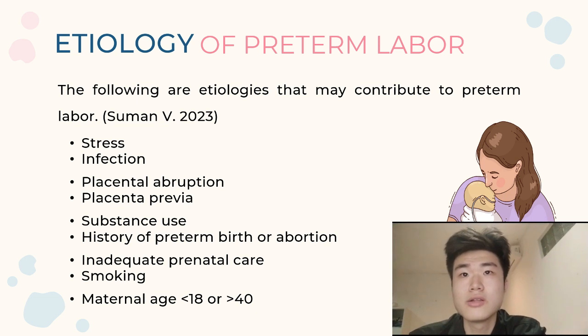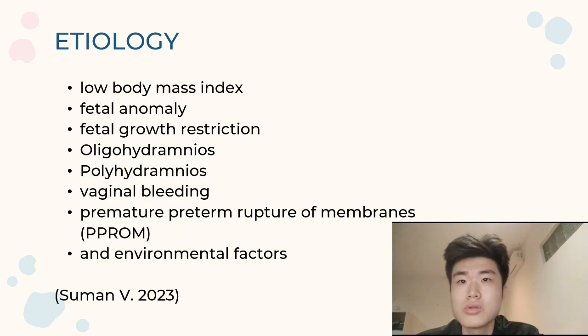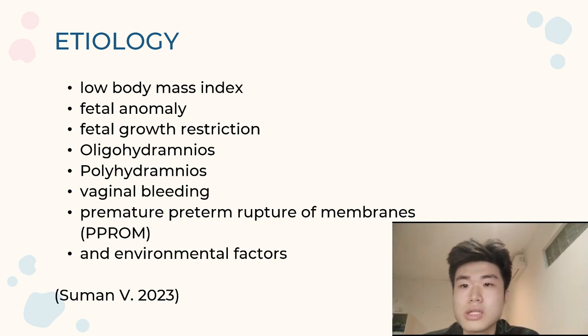For the etiology, the following are factors that may contribute to preterm labor: stress, infection, placental abruption, placenta previa, substance use, history of preterm birth or abortion, inadequate prenatal care, smoking, maternal age less than 18 or more than 40, poor nutrition, low body mass index, fetal anomaly, fetal growth restriction, oligohydramnios, polyhydramnios, vaginal bleeding, premature preterm rupture of membranes or PPROM, and environmental factors.